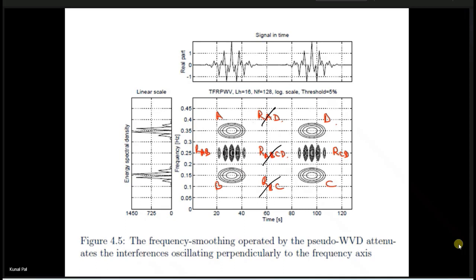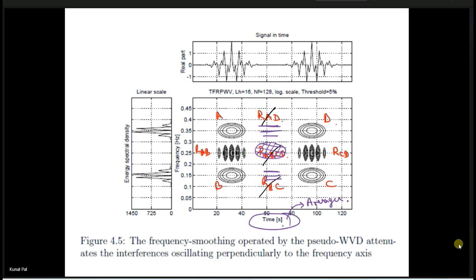Now why is this so? This is because the window we have placed is acting as an averager in the time domain.